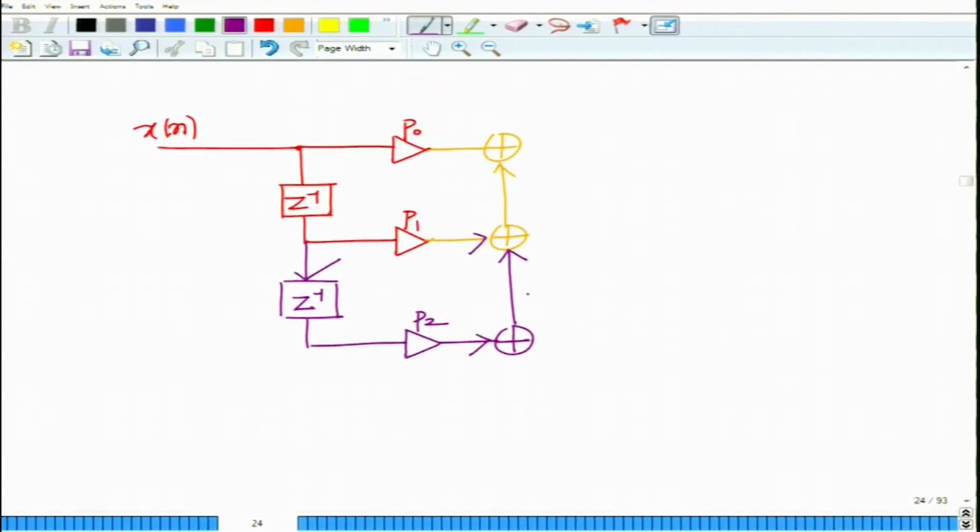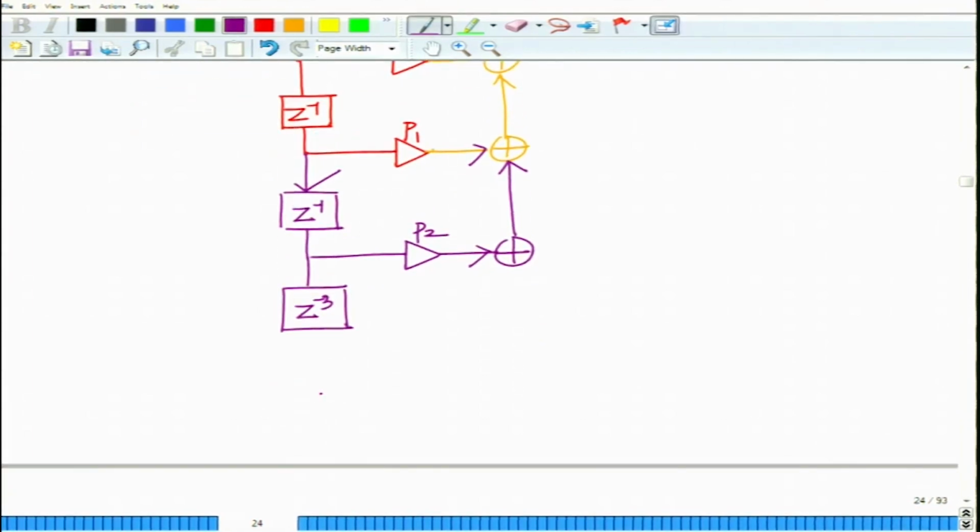Finally, you have another element z minus 3, that you multiply by the gain P3 and add to the existing.